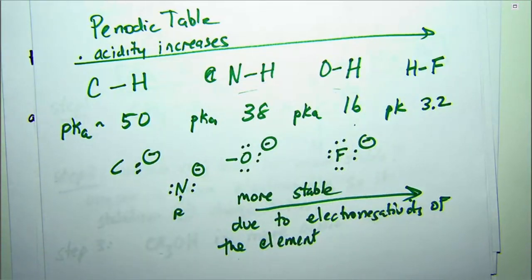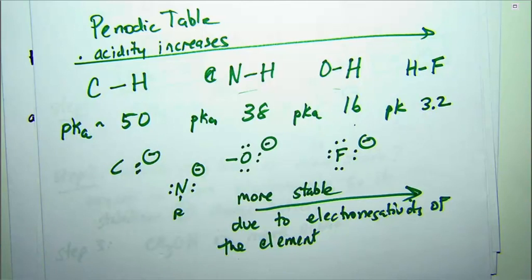Okay, so the elemental effect is a super powerful way to compare two acids if the proton's connected to a different element. Okay, so that's section 2.4 in our textbook. Now, you guys can also compare things going down a periodic table as well.